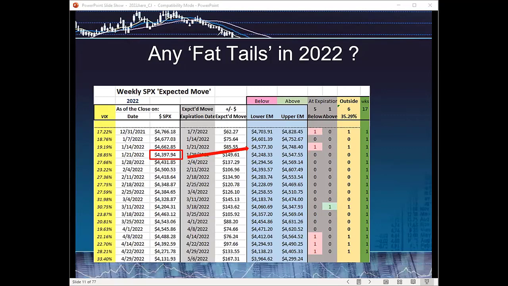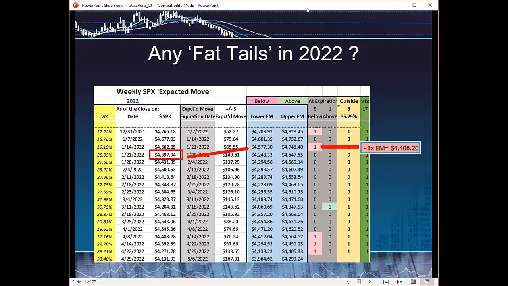What we saw that week was 43.97. Well, that not only was... let's see if I can get... okay, there it is.